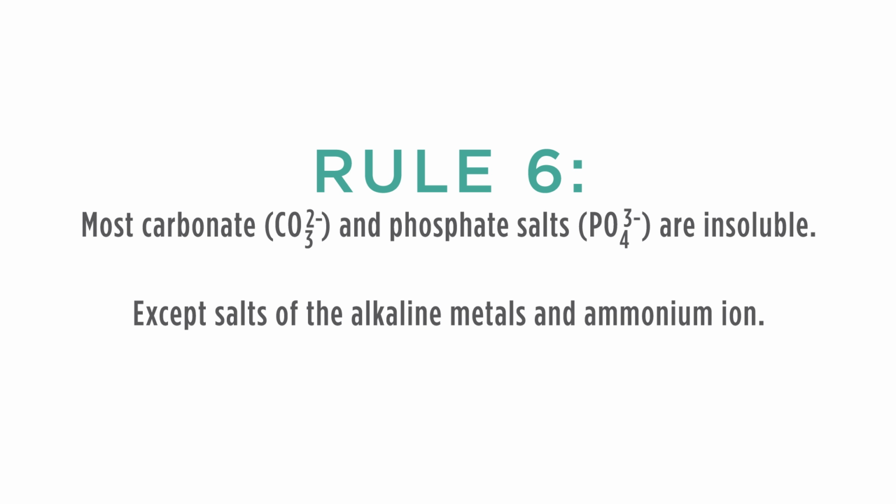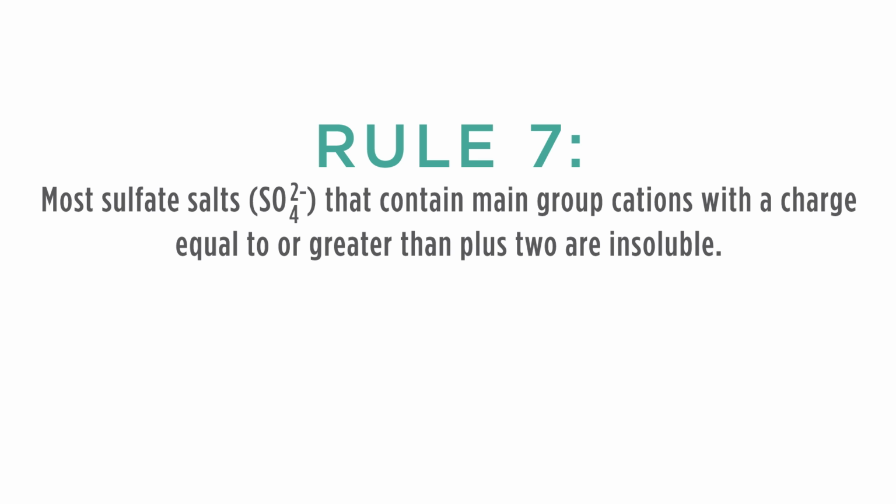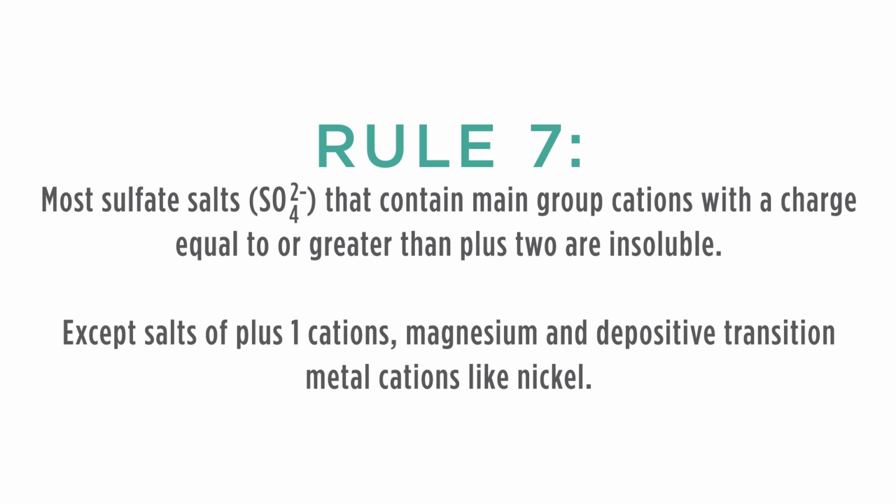Most carbonate and phosphate salts are insoluble, except salts of the alkali metals and ammonium ion. Rule 7. Most sulfate salts that contain main group cations with a charge equal to or greater than +2 are insoluble, except salts of +1 cations, magnesium, and dipositive transition metal cations such as nickel.